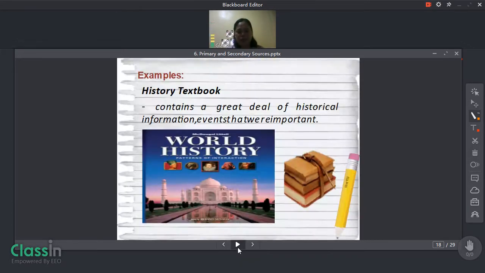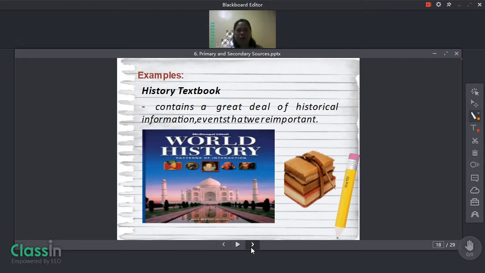Examples of this are history textbooks. Not actually history textbooks alone, but all kinds of books, even a reference book, are considered secondary sources of information. Why? Because these books are compilations of information or ideas of different people or different authors.